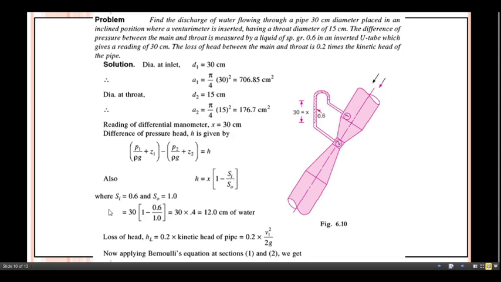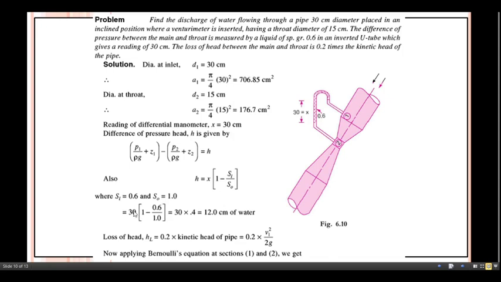The value for the SL is given. SL means the specific gravity of the liquid corresponding to the throat portion, with us 0.6, and S0 is the specific gravity of the fluid flowing through the pipe, with us as 1.